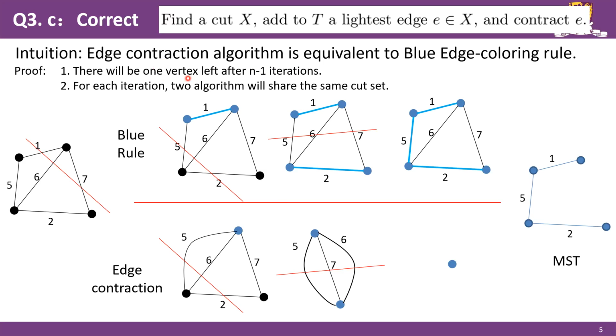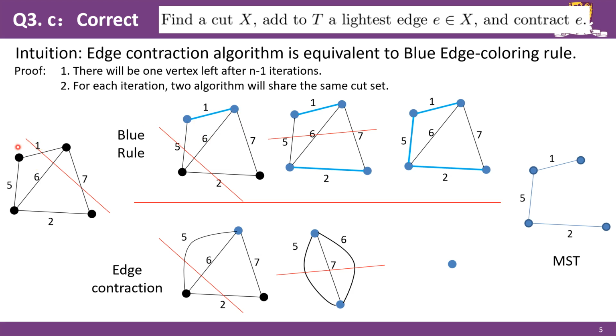So the first part is proved, and for the second part, that in each iteration the two algorithms share the same possible cut set, this is also true because we can argue that, as we know the blue rule, once we have colored an edge blue, we cannot cut that edge anymore. That is, the remaining cut set is all the cuts except the cuts that include the blue edge.